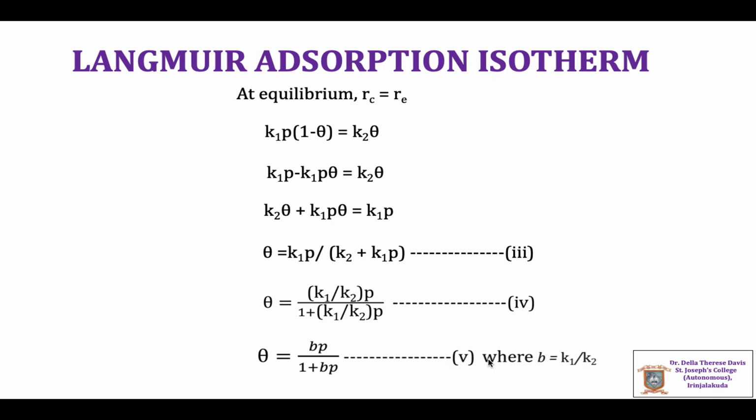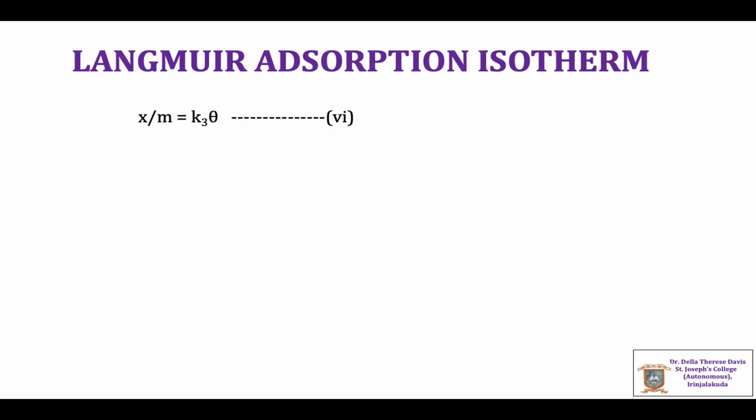This can be written as theta is equal to BP divided by 1 plus BP, where B is a constant given as K1 by K2. According to Langmuir's theory, a unimolecular layer of the adsorbate molecule is formed on the surface of adsorbent.